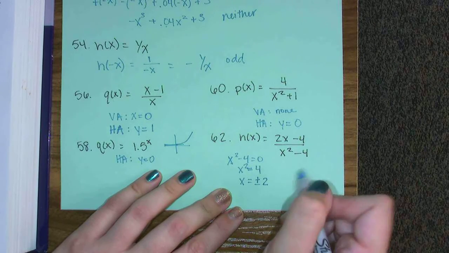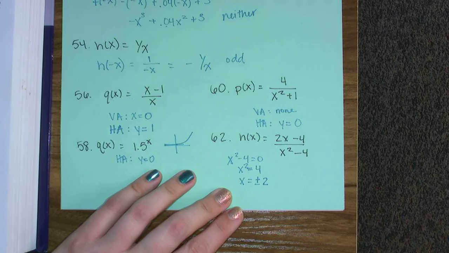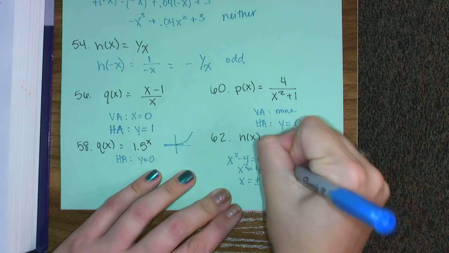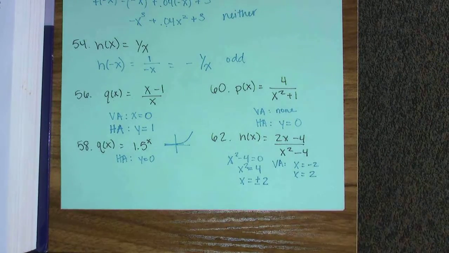So that means we have two vertical asymptotes. We would write it as x is equal to negative 2 and x is equal to positive 2. Kind of comical because the book only has one answer. I don't know why, but it does.